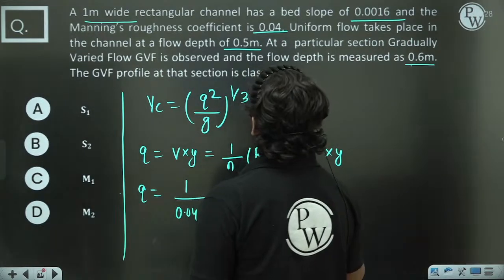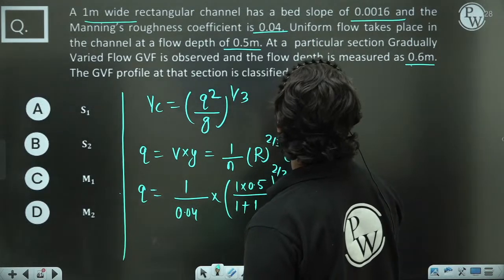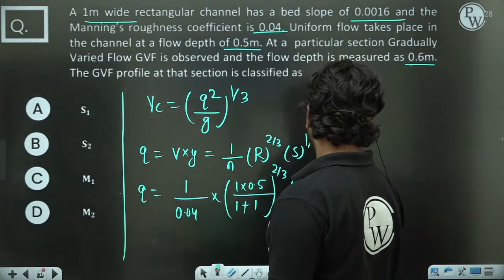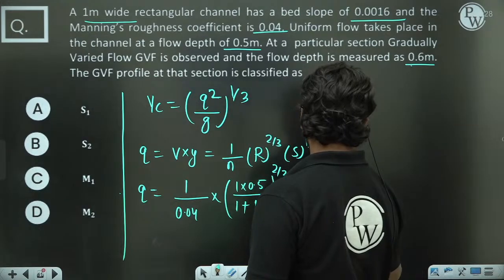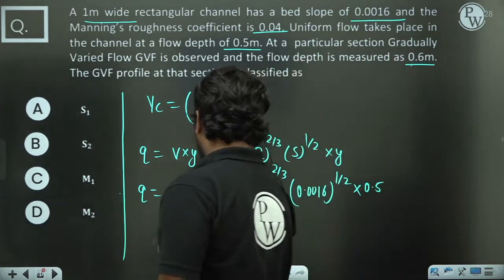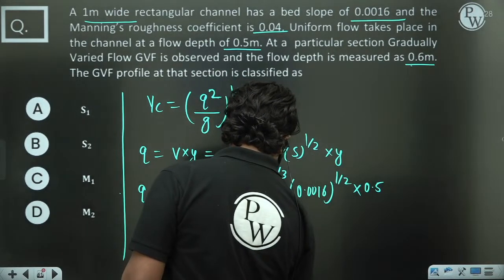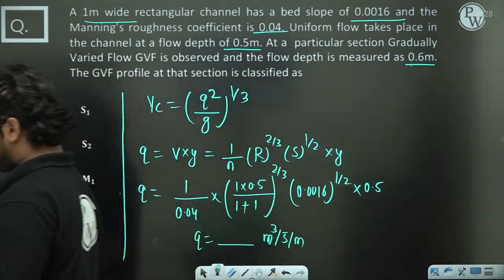To the power 2 by 3. Bed slope we have 0.0016 to the power 1 by 2, into depth we have 0.5. So I expect all of you to give me the q value in meter cube per second per meter. Give me the value.